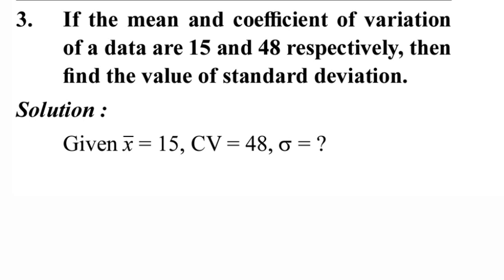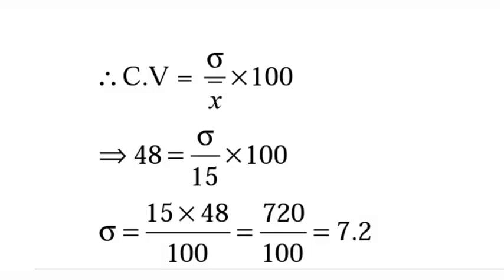Okay, now write the formula CV equal to sigma divided by x bar into 100. Now substitute the values. CV value is 48, that equals sigma divided by x bar value 15 into 100. Now simplify.